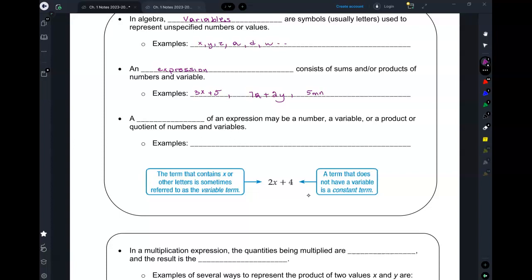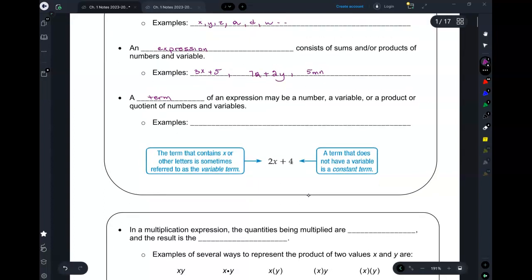Now when you have an expression, you can split it down further into separate terms. So a term of an expression is a number, variable, and so on. For example, look at this one. You have a 2x and you have a 4. Each of these are terms.